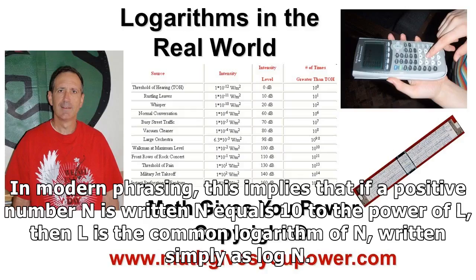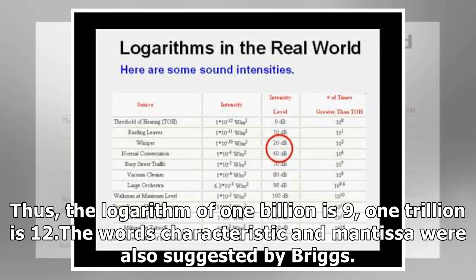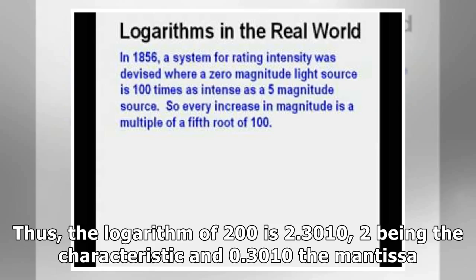In modern phrasing, this implies that if a positive number n is written n equals 10 to the power of L, then L is the common logarithm of n, written simply as log n. Thus, the logarithm of 1 billion is 9, 1 trillion is 12. The words characteristic and mantissa were also suggested by Briggs. Thus, the logarithm of 200 is 2.3010, 2 being the characteristic and 0.3010 the mantissa.